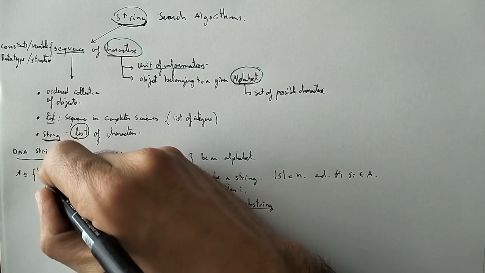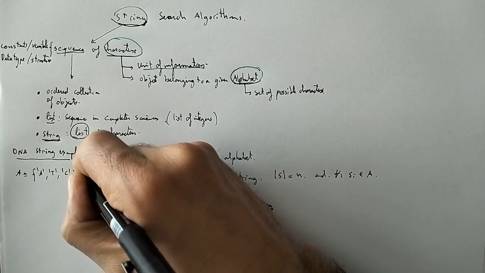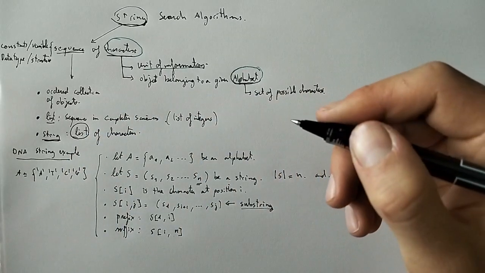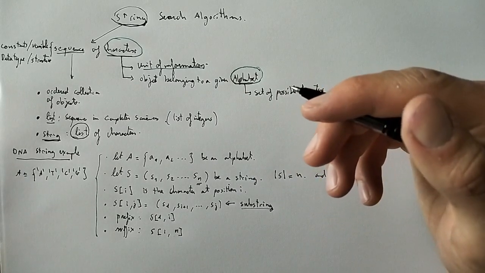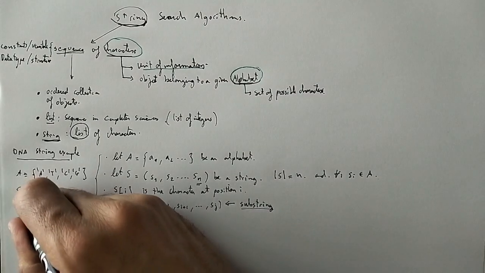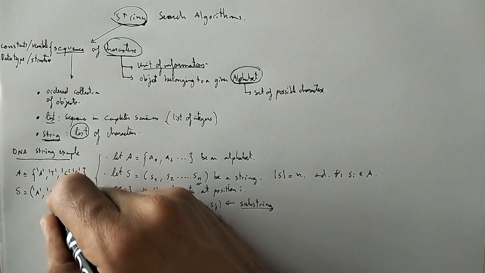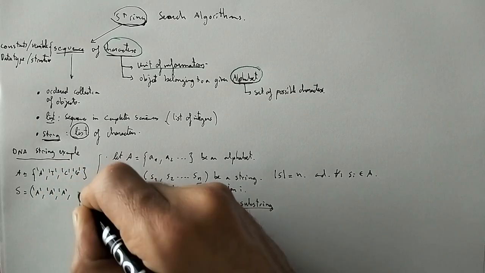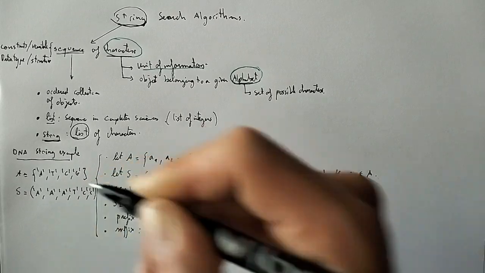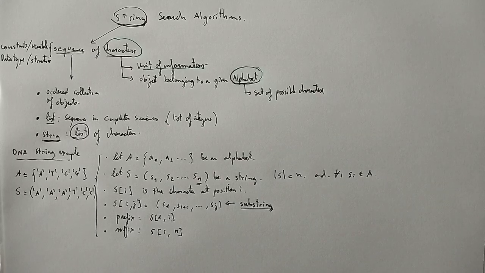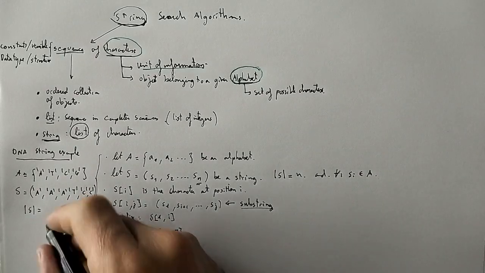So we have letter A, letter T, letter C, and letter G for each one of the elements that may constitute the DNA. Now, you can define your own string. Let's just make a little example. So we have a repetition of 3 letters A, then T, then C, for example, then another C. That's it. We have our string. In this case, the size of S is simply 6.